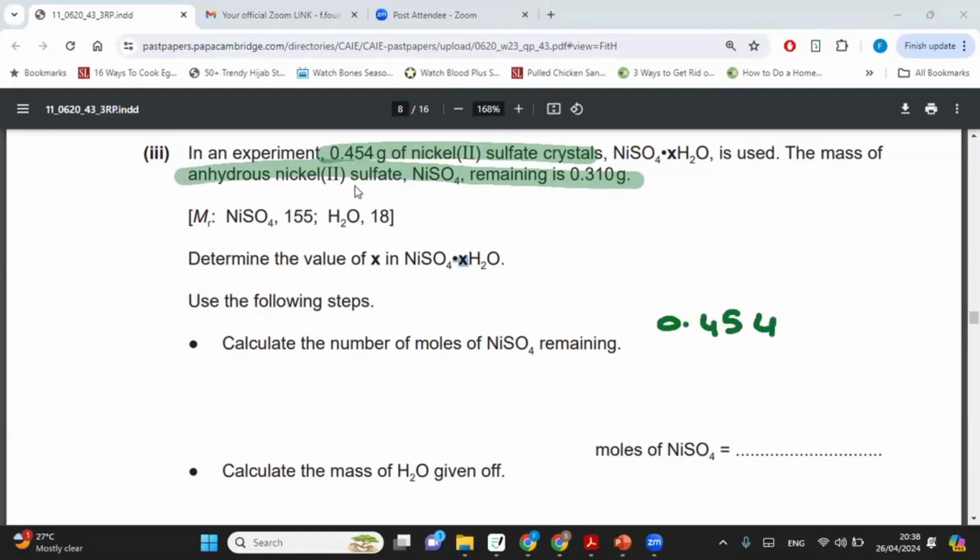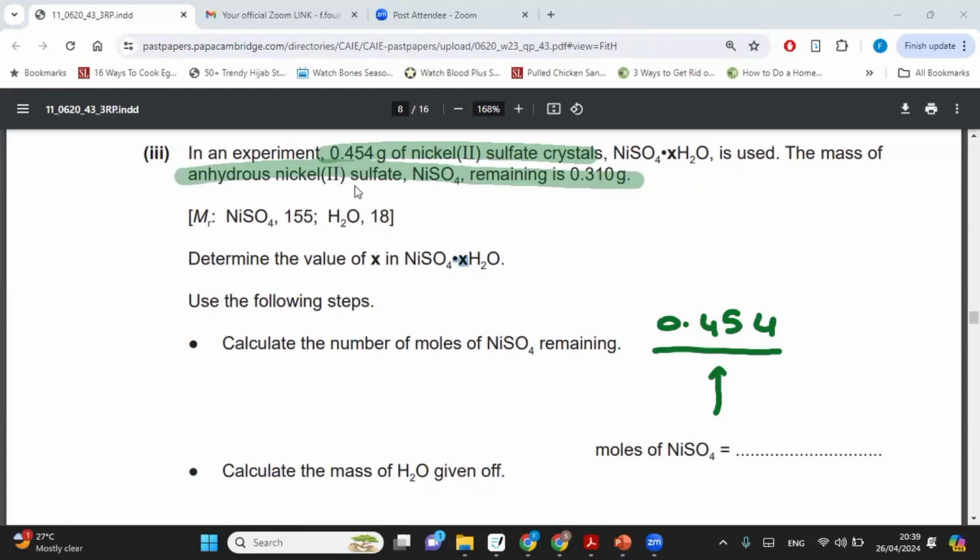Then they decided to heat it up. Do you guys remember what I said about heating up crystals? What happens if you evaporate all the water away? All of the water of crystallization is lost and you're left with a white powder.